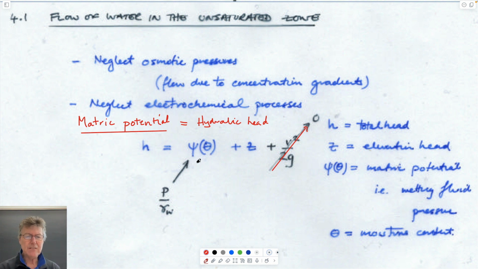And really the matrix potential refers to this pressure head term rather than the elevation head, but it's used interchangeably. So this is a hydraulic head. It's an elevation head and a pressure head. But in unsaturated flow, it's usually referred to as matrix potential because these pressures are typically negative. And so the water is in tension.